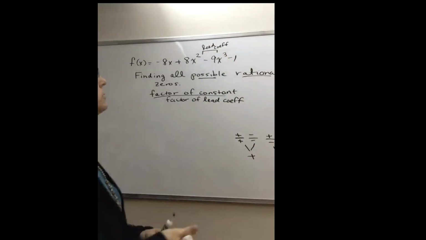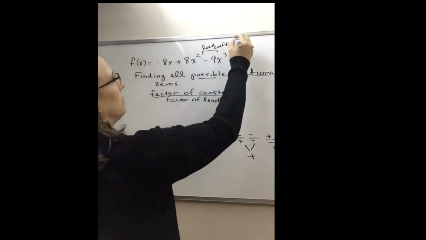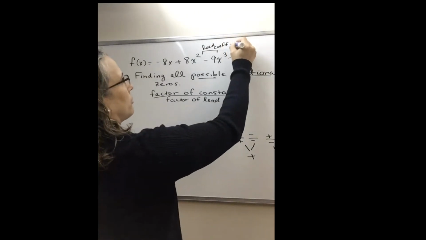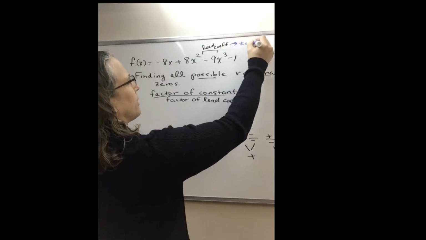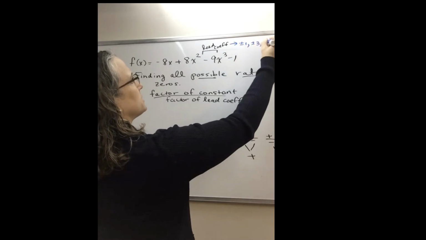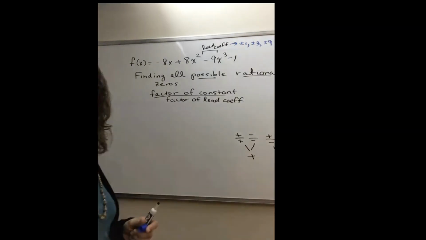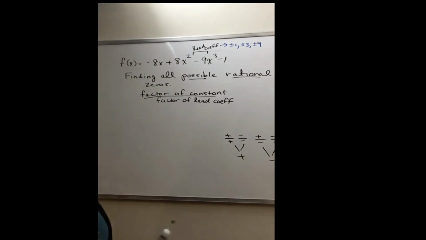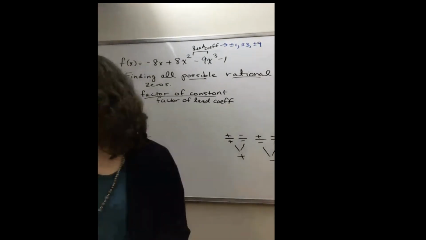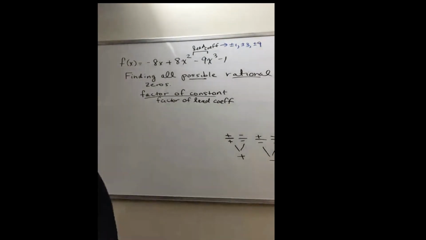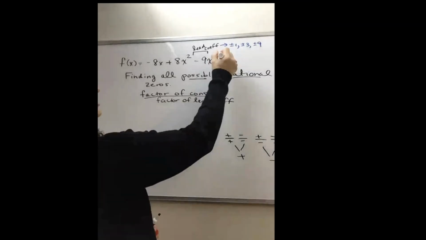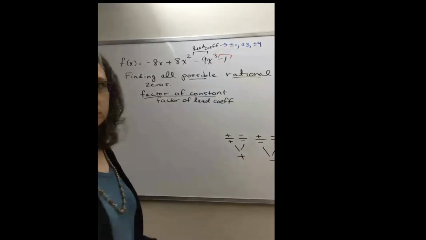So the factors of 9 are going to be positive or negative 1, 3, and 9. And then I also have to care about the constant term. And so the constant term is this -1, the term that doesn't have an x in it.